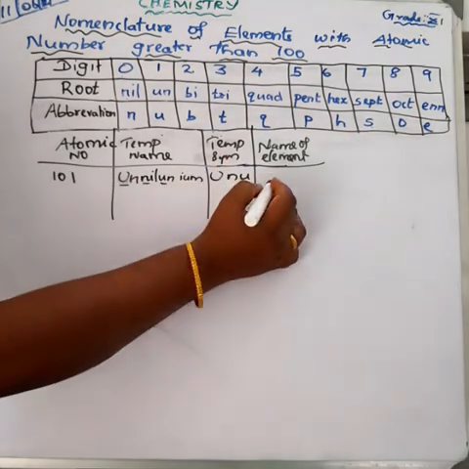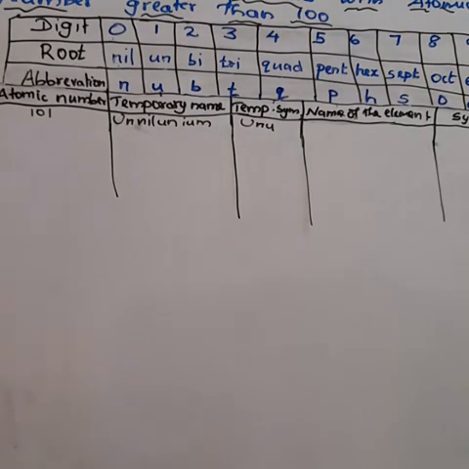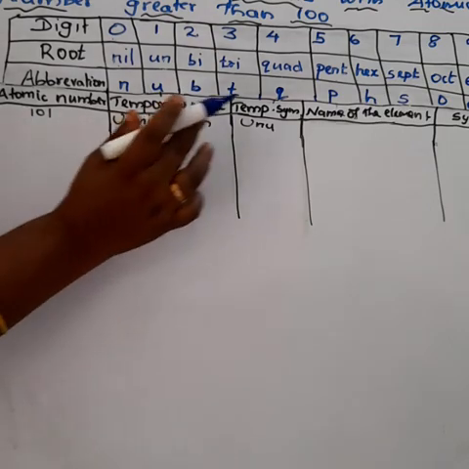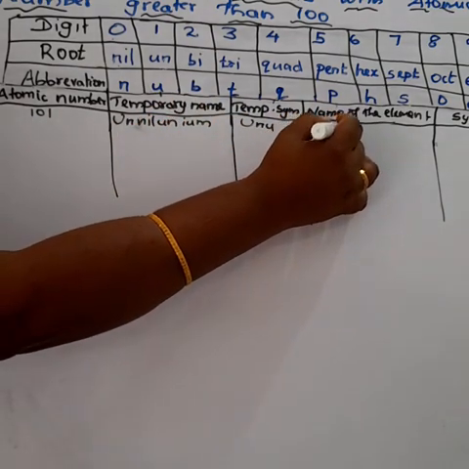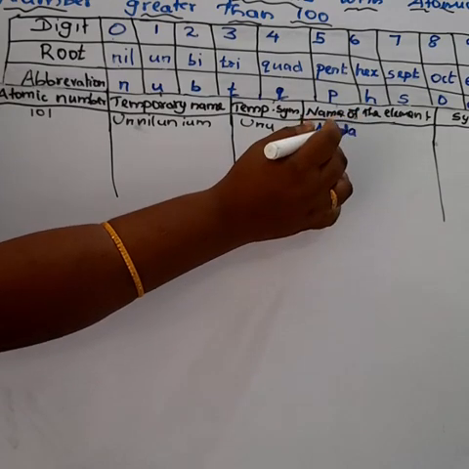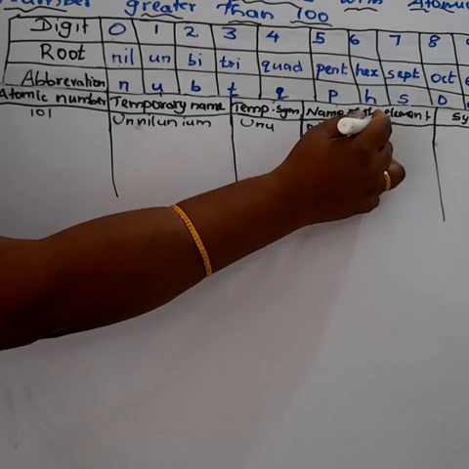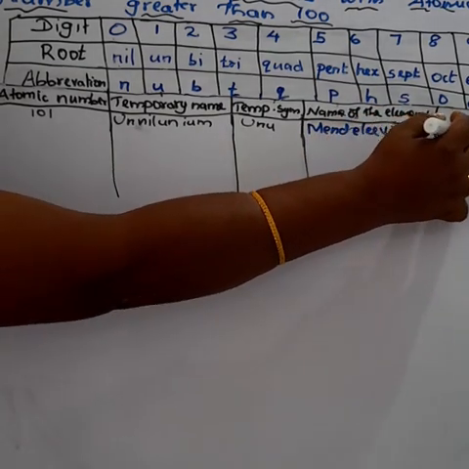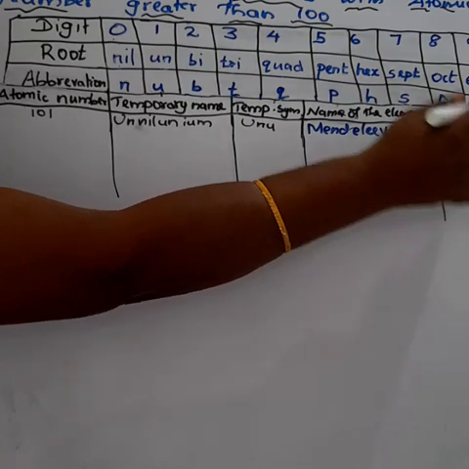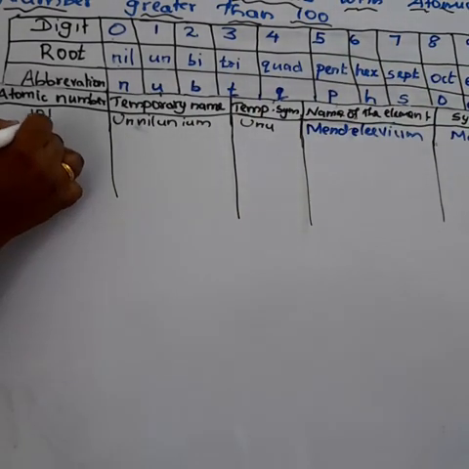After the discovery of atomic number 101, they gave the name Mendeleevium for the element with atomic number 101. So the symbol here, Mendeleevium symbol, Md. Okay. After 102, what is the temporary name?